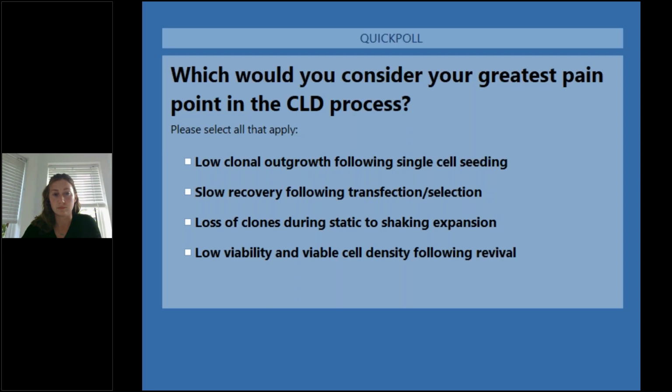So I will start with the first poll question, and that is, which would you consider your greatest pain point in the CLD process? Please select one of the following: low clonal outgrowth following single cell seeding, slow recovery following transfection or selection, loss of clones during static to shaking expansion, or low viability and viable cell density following revival.